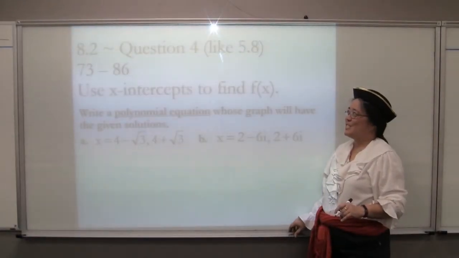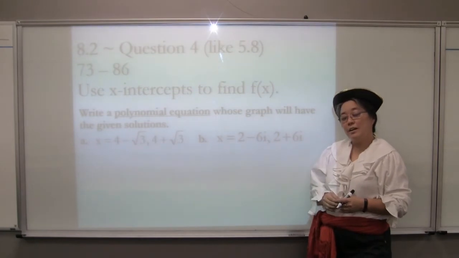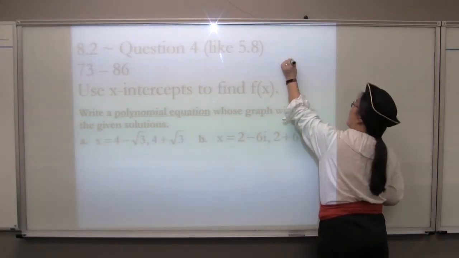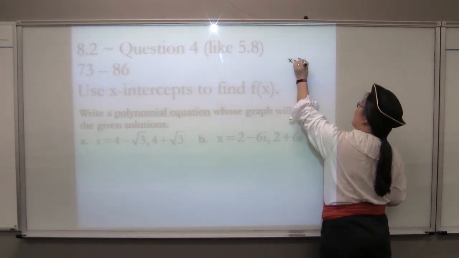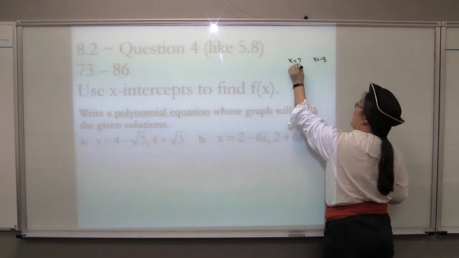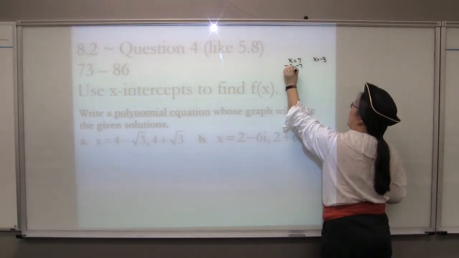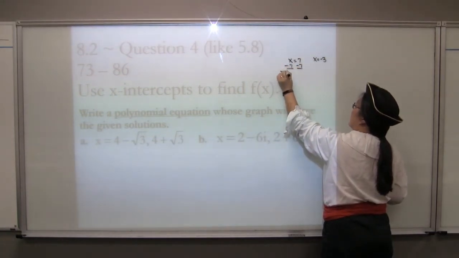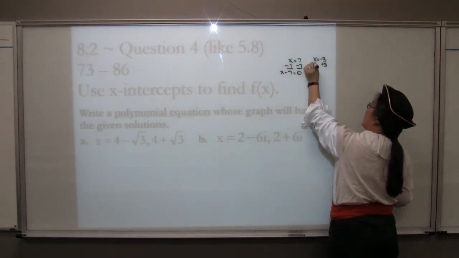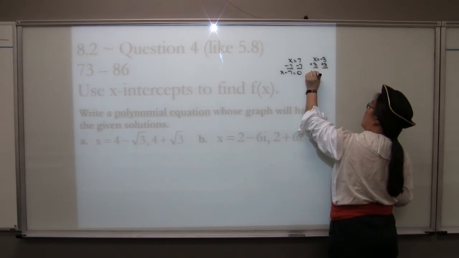Chapter 8, section 2, question 4. It's like 5.8. If you remember, Jack, back in 5.8 when I had things like x equals 7 and x equals negative 3, where we got everything on one side equal to 0, x minus 7 equals 0, and x plus 3 equals 0.